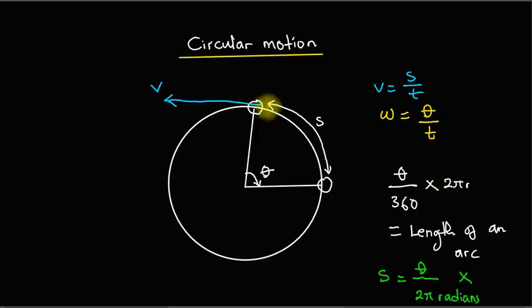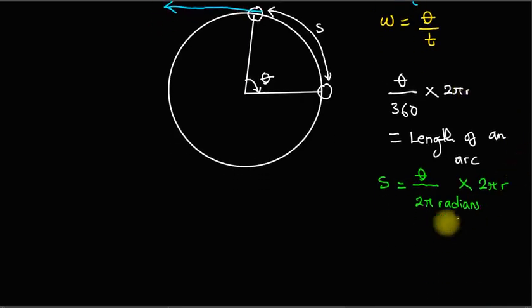The circumference of the circle is 2 pi r. That's the formula for circumference. Now we can see that 2 pi cancels 2 pi, and we are left with S equals theta r, over radians, but no need to put that. Then we have theta equals S over r.